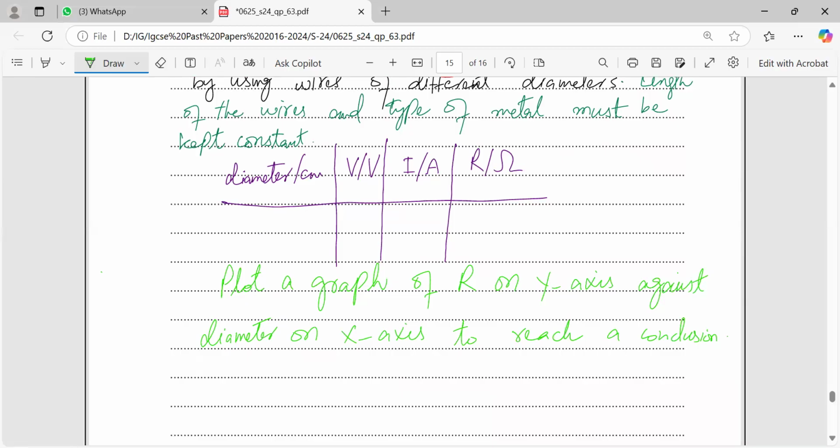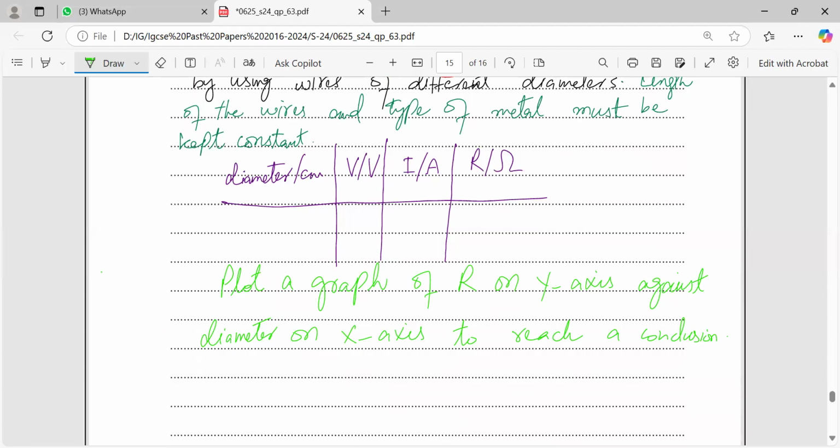One more thing, my dear friends. Here we are having the numerical value of diameter. We are also having the numerical value of resistance. So we will plot a simple graph. Independent variable, which is in this case diameter, on the x-axis, dependent variable, which is resistance in this case, on the y-axis. Sometimes we have to draw a bar chart to reach a conclusion. What is that scenario?